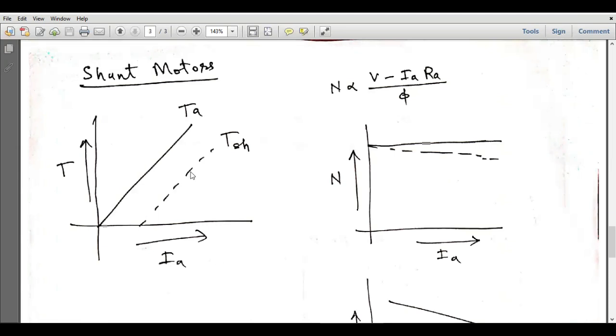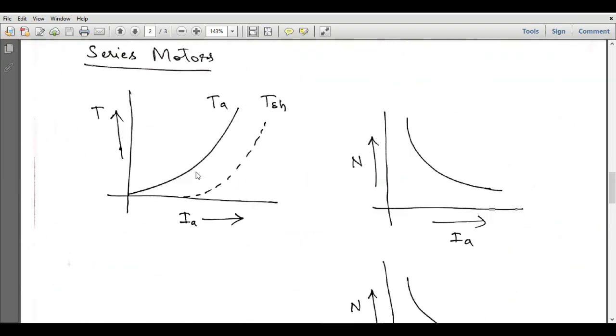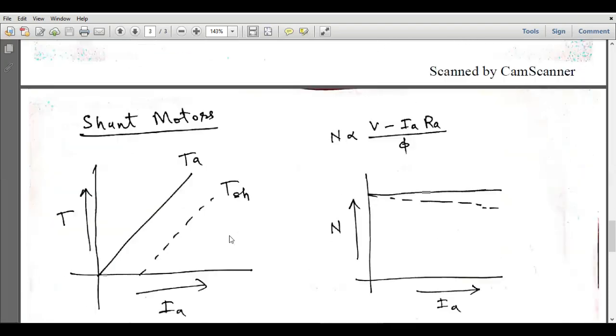So here again, shaft torque will be smaller than the armature torque, but that will also be a straight line. Similarly, here the shape of the shaft torque is the same as the armature torque, but it will be smaller than the armature torque. Now the curve between speed and Ia will be somewhat like this, right?